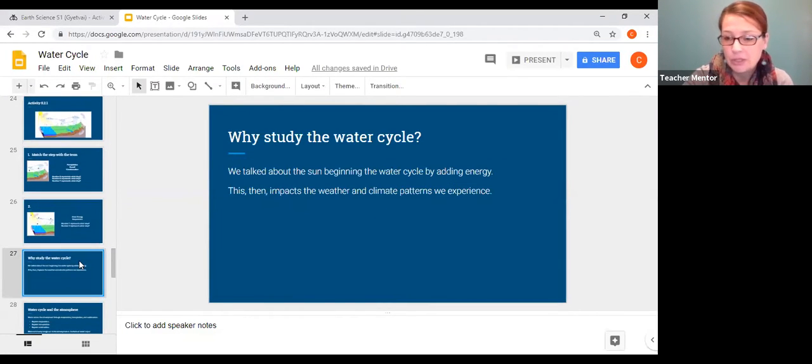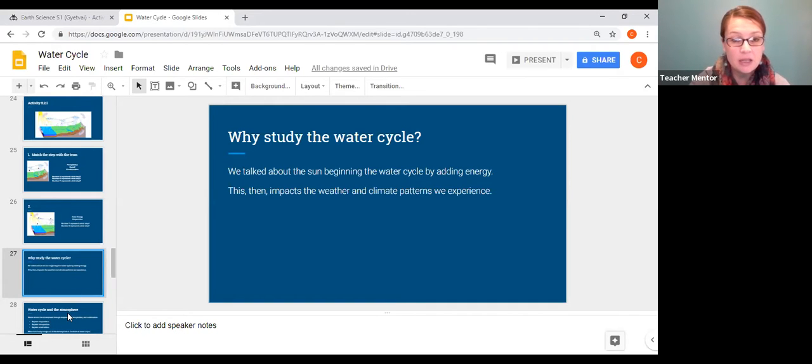Okay, so continuing on, why do we need to study the water cycle? Water cycle is important again because we need the sun to add that energy to begin the cycle, as well as the water cycle impacting our daily lives in weather and climate.